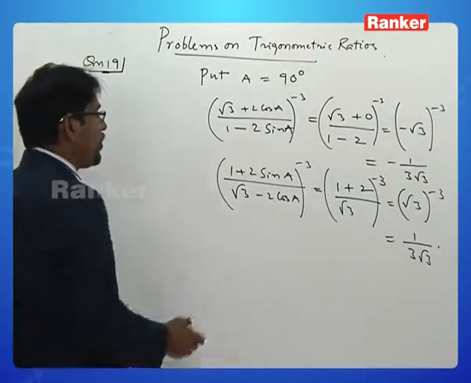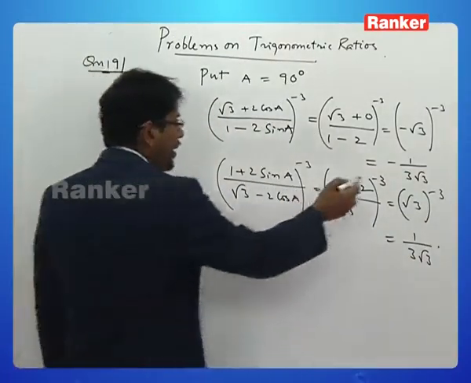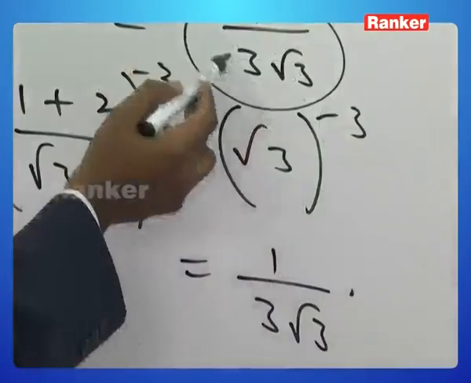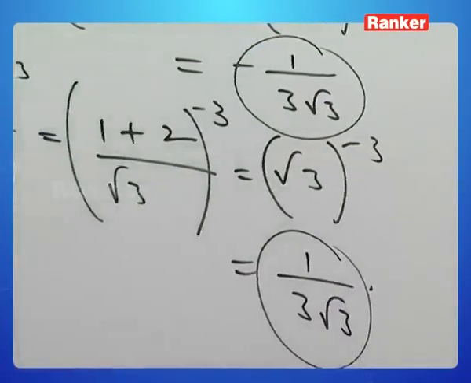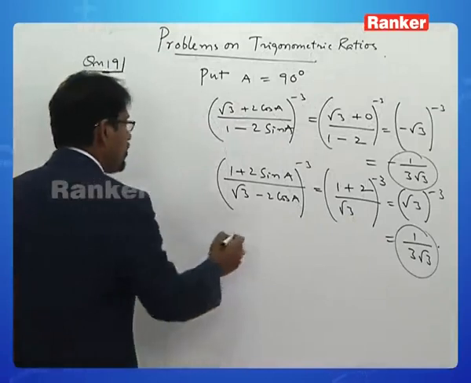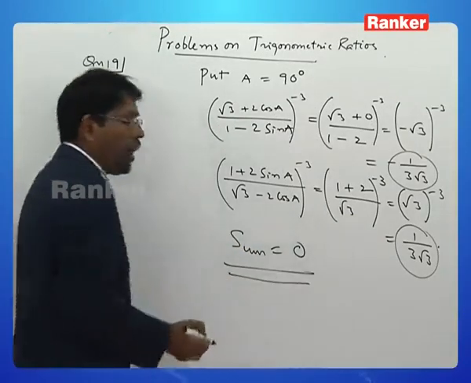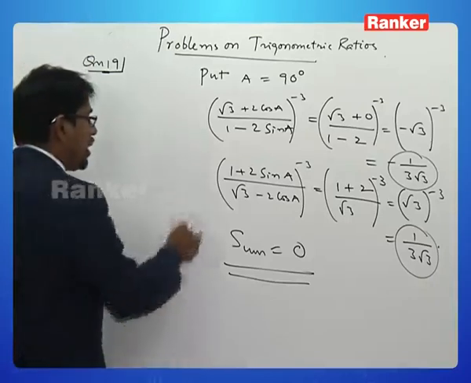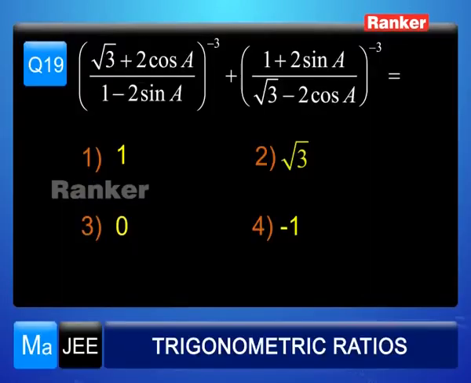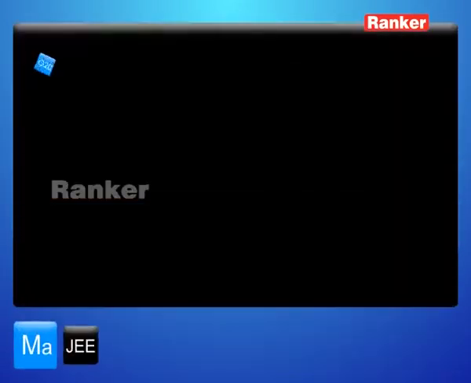So when you add up these two, this is minus 1 by 3 root 3 and this is plus 1 by 3 root 3. The sum is 0. And that is clearly appearing in option 3. Let's move to question number 20.